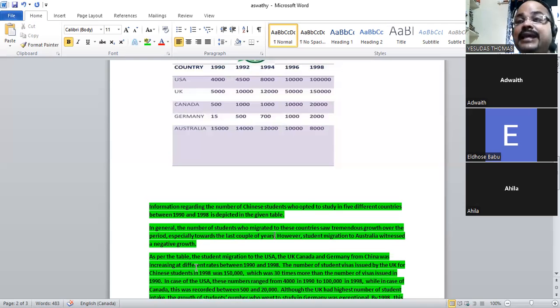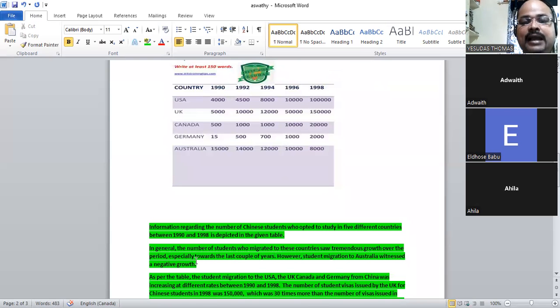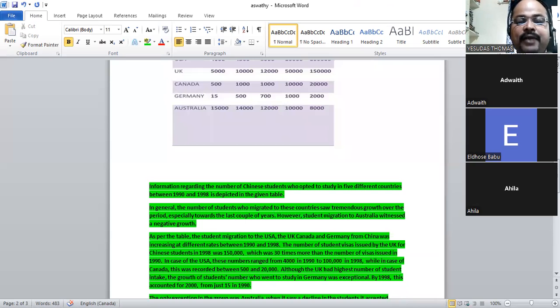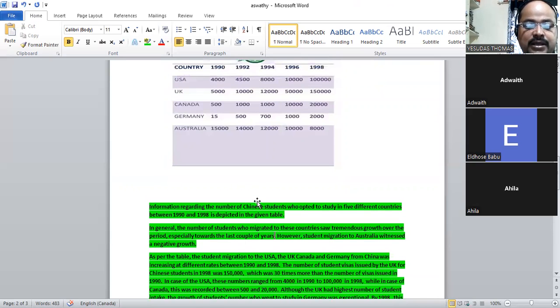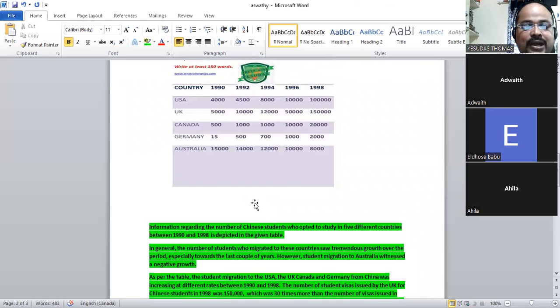So we have included 1996 and 1998. You can see generally the number was increasing. However, student migration to Australia witnessed a negative growth. So make sure that is done there.